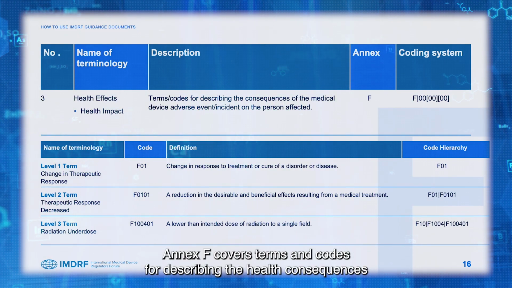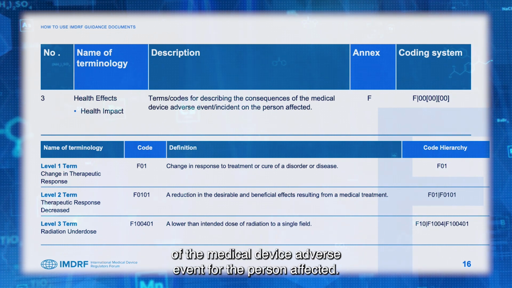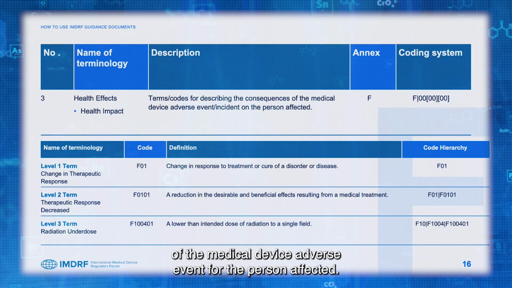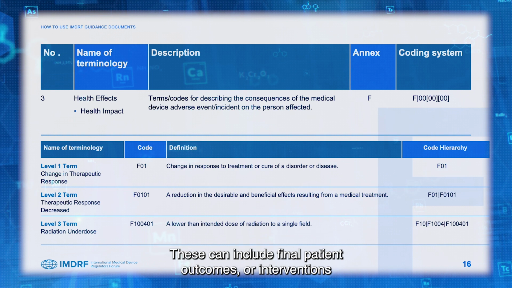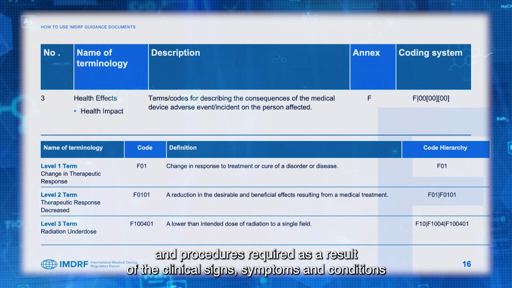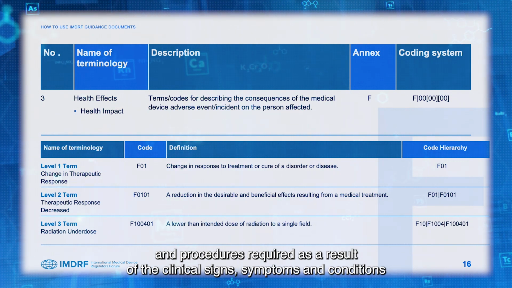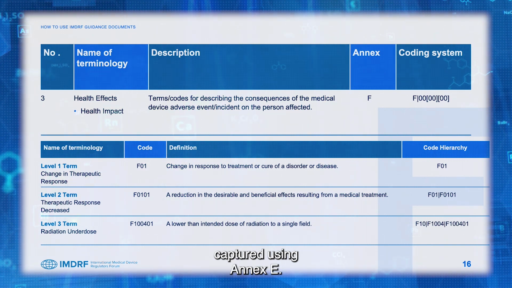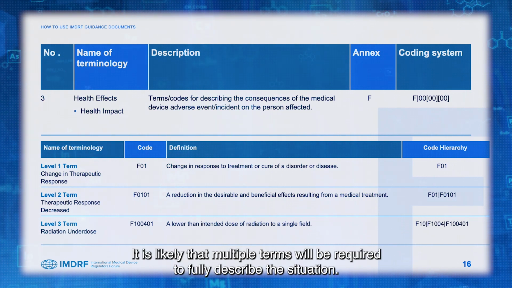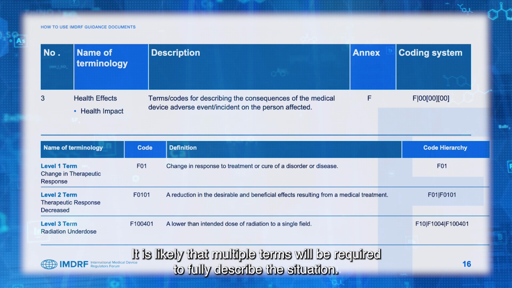Annex F covers terms and codes for describing the health consequences of the medical device adverse event for the person affected. These can include final patient outcomes or interventions and procedures required as a result of the clinical signs, symptoms, and conditions captured using Annex E. It is likely that multiple terms will be required to fully describe the situation.